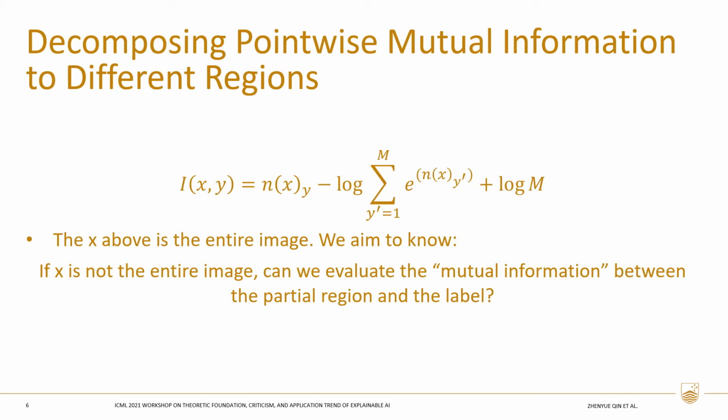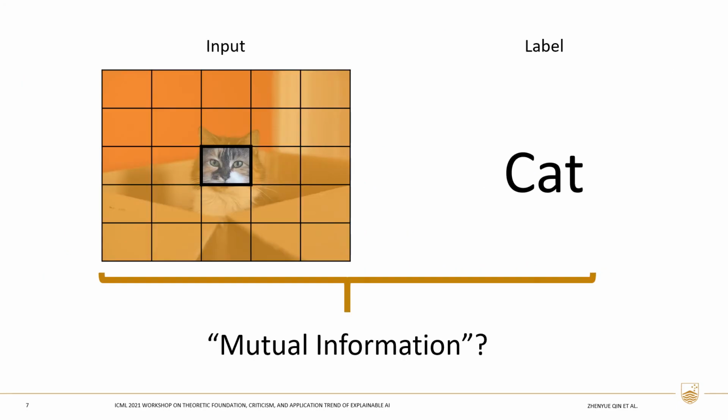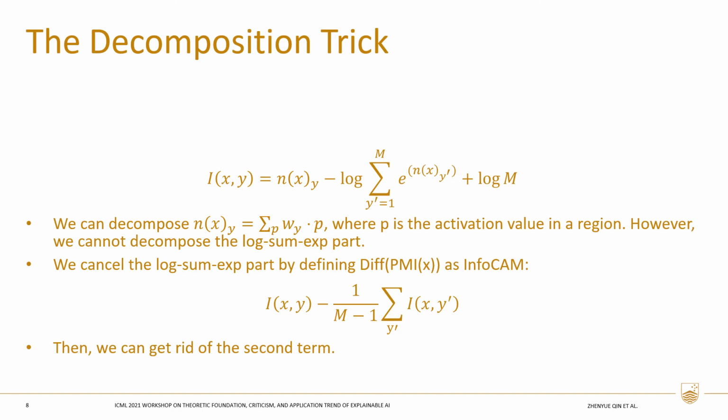We aim to know the quantitative information relationship between a part of the image and the label. So as we have illustrated in this slide, we desire to know the information quantity of the partial middle box towards the label cat. In order to decompose the pointwise mutual information between the entire image and the label into different smaller regions, we discover a trick.